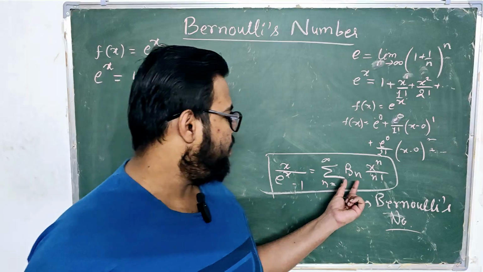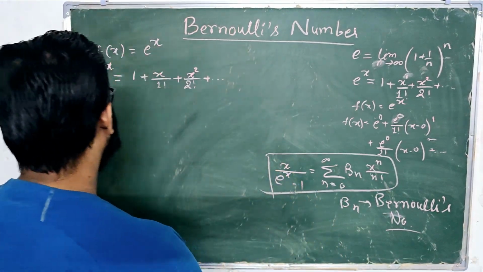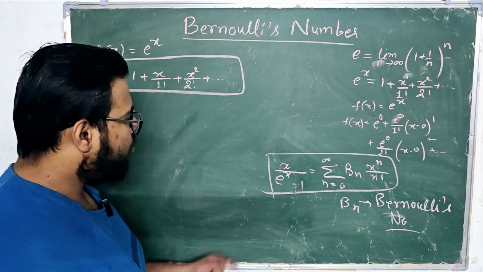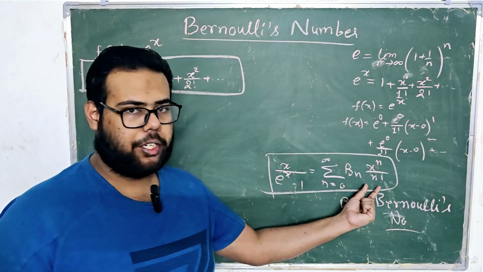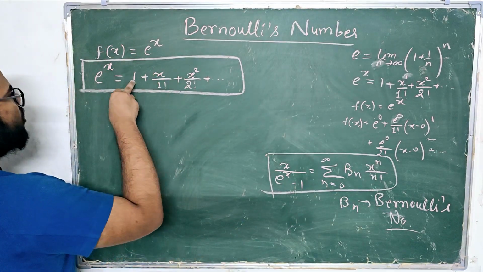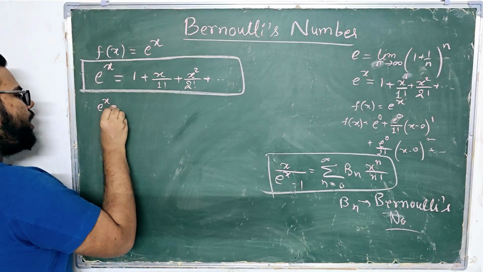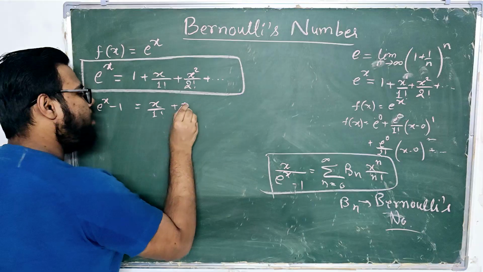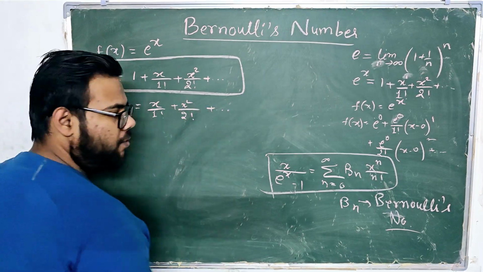So now we have to find b0, b1, b2 and so on, okay? So how can we approach this definition? Let's see. Clearly you can bring 1 to the left hand side, you will get e raised to the power x minus 1 is x by 1 factorial plus x square by 2 factorial and so on till infinity, correct?